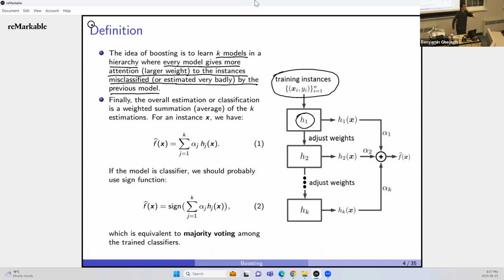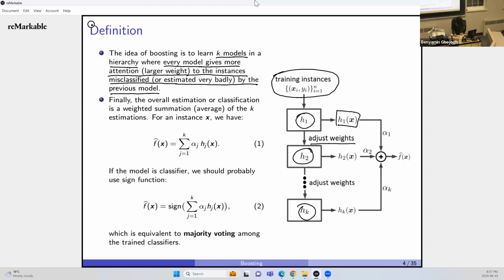On some data points it works well, on some it doesn't. For the points where it doesn't work well, I give more attention in the next model. So H2 adjusts weights and gives more weight to the points poorly estimated by H1. Then we have a hierarchy until HK.